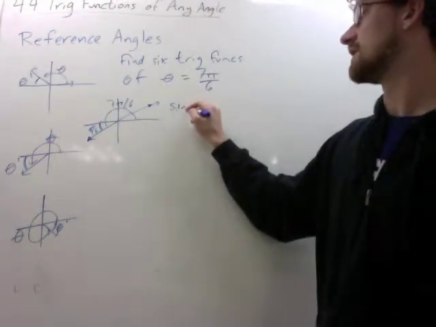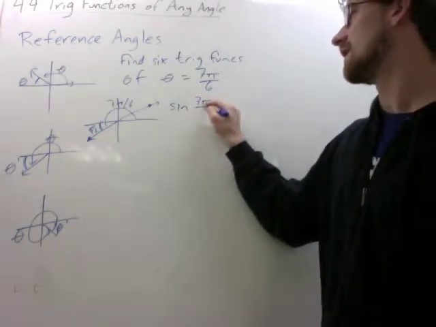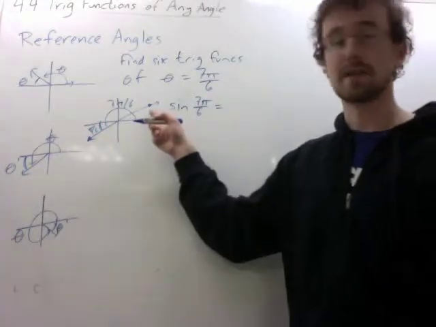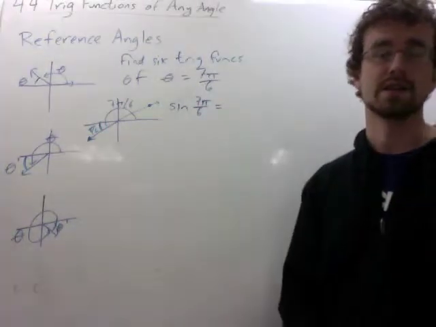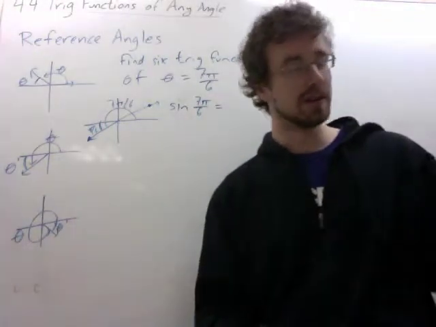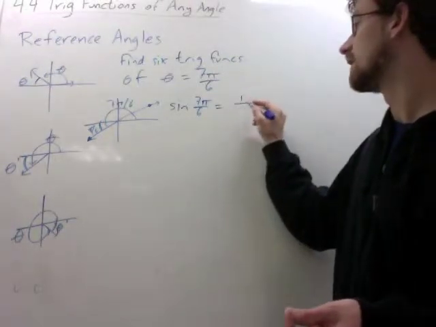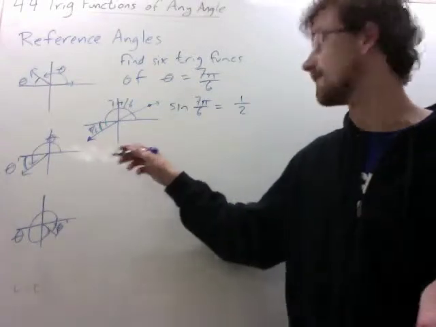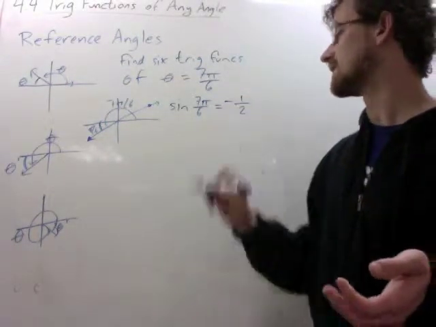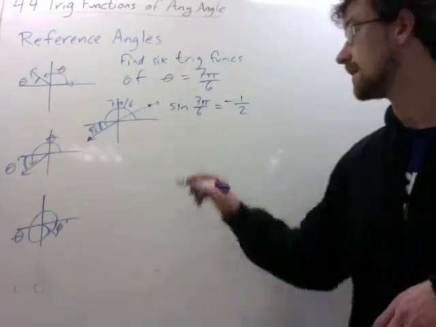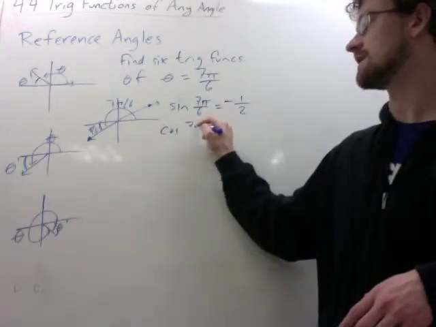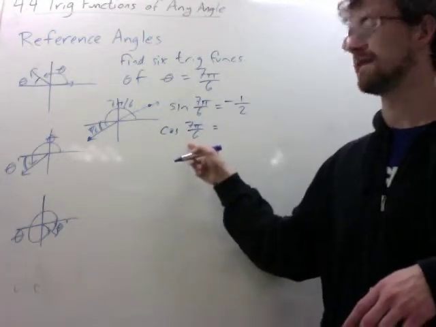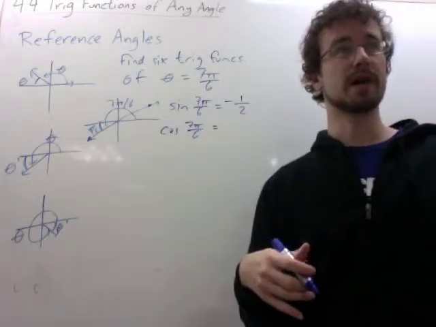So the sine of 7 pi over 6 is directly related to the sine of pi over 6. Sine of pi over 6, you should know, is 1/2, but in quadrant 3, the sine function is negative, so the sine of 7 pi over 6 is -1/2. To find the cosine of 7 pi over 6, we figure out the cosine of pi over 6.